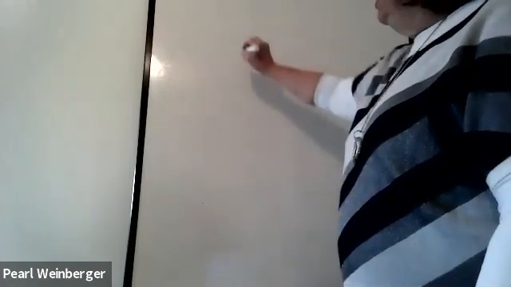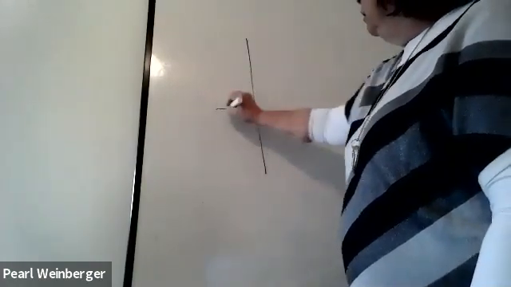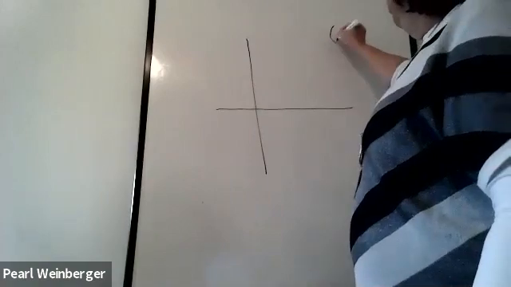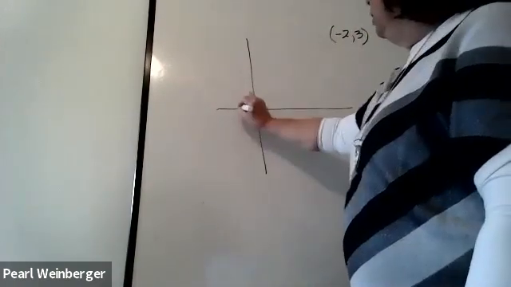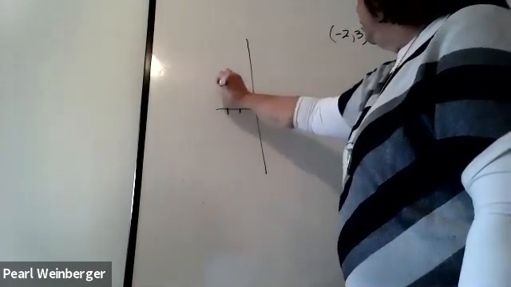Okay, let's say I give you something like this. I give you the point negative 2, 3, which is right here, negative 2, positive 3.